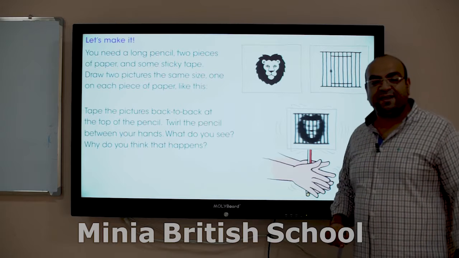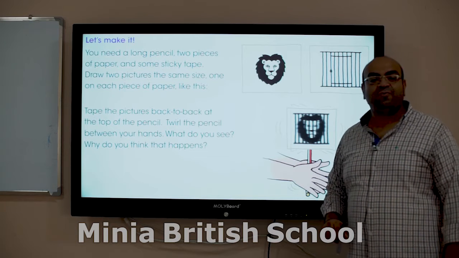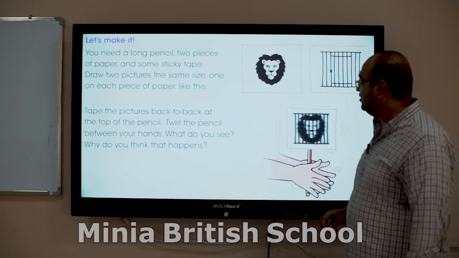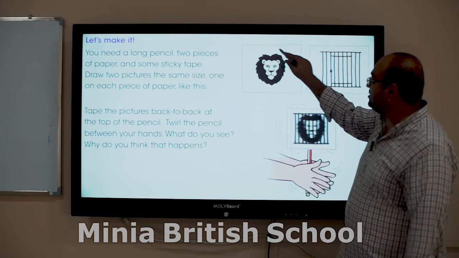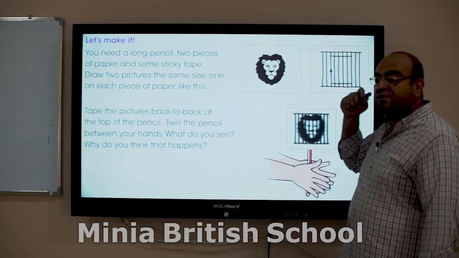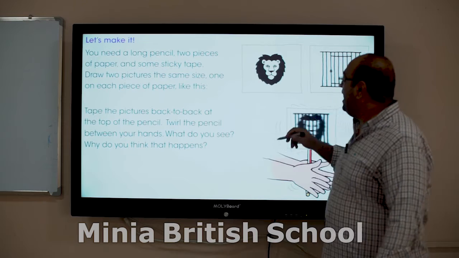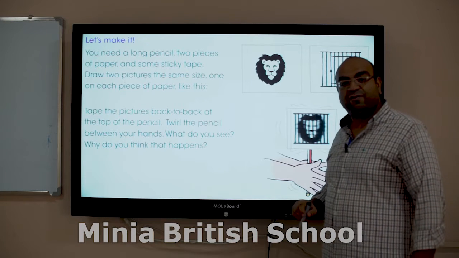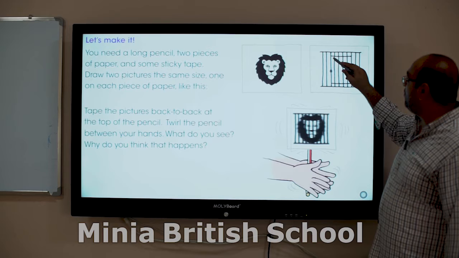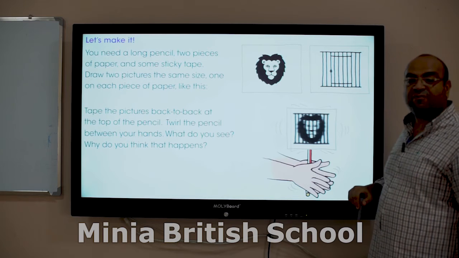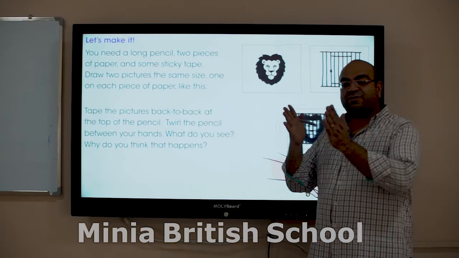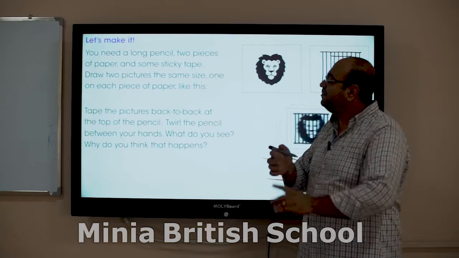Now this is something you can make at home, or if you are in class, we will do it together. I will ask you for two pieces of paper of the same size, and we can draw the head of the lion on one of the papers. The other one will be the shape of the cage. Then we will stick both of them together back to back.